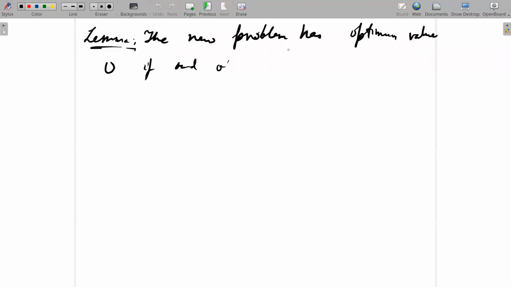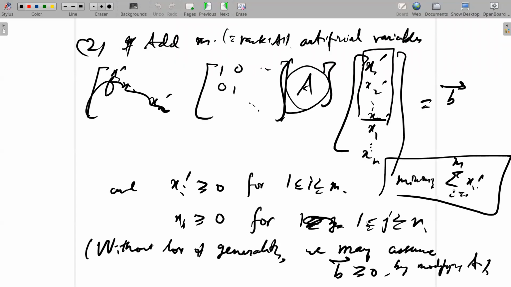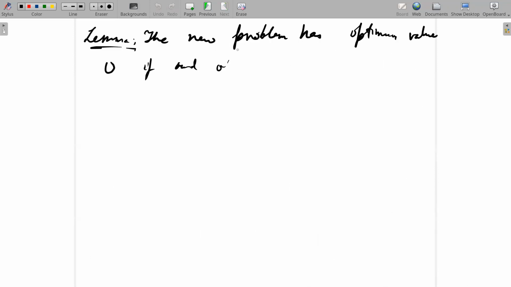So the new problem has optimum value 0. That means, because of the sign constraints, all these xi primes may be assumed to be 0, if and only if the original problem is feasible.